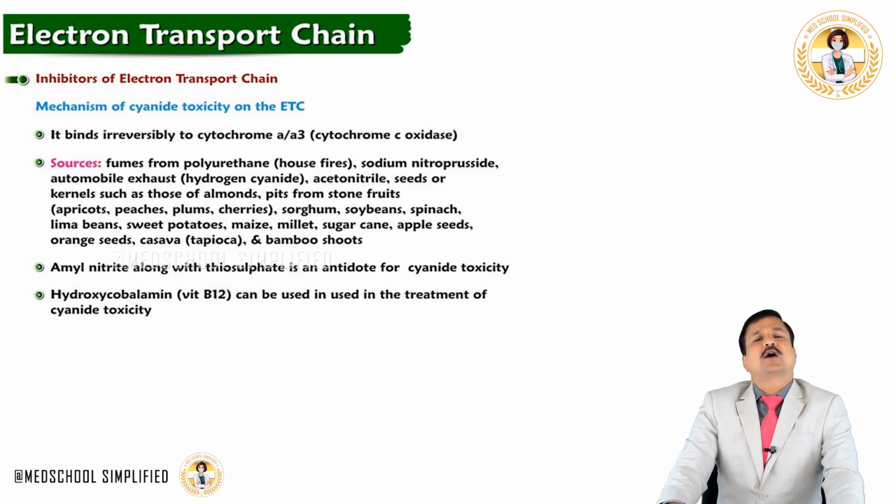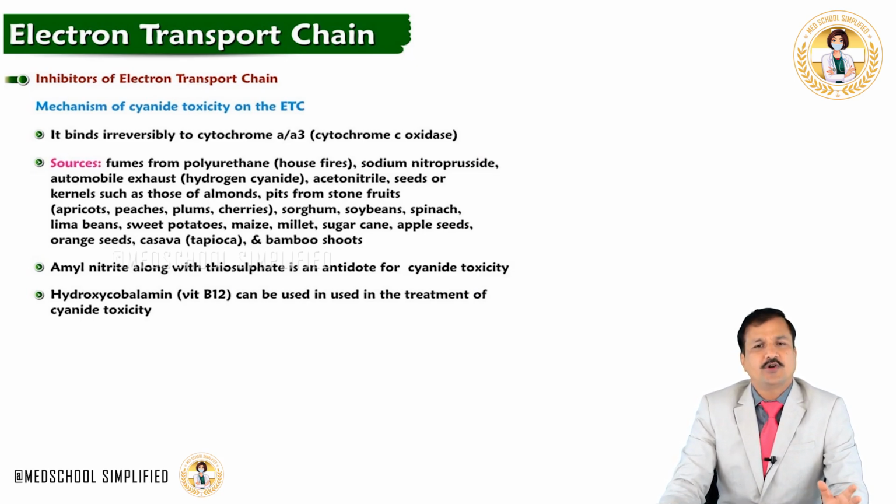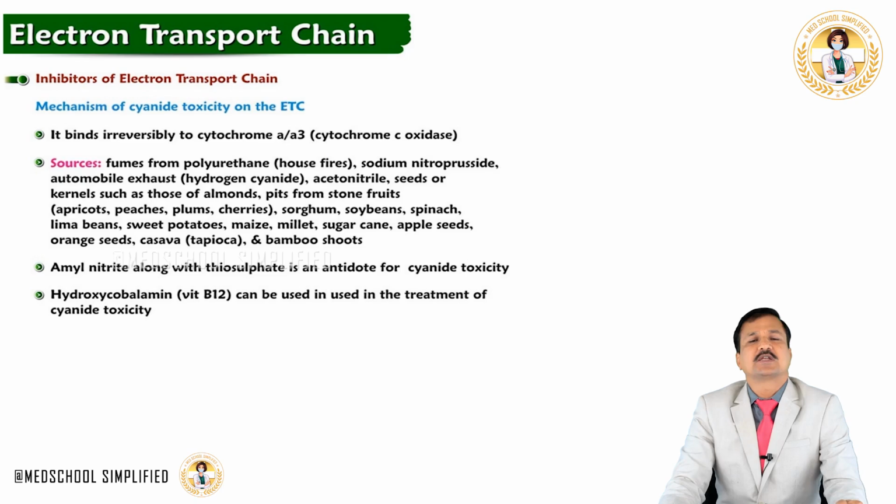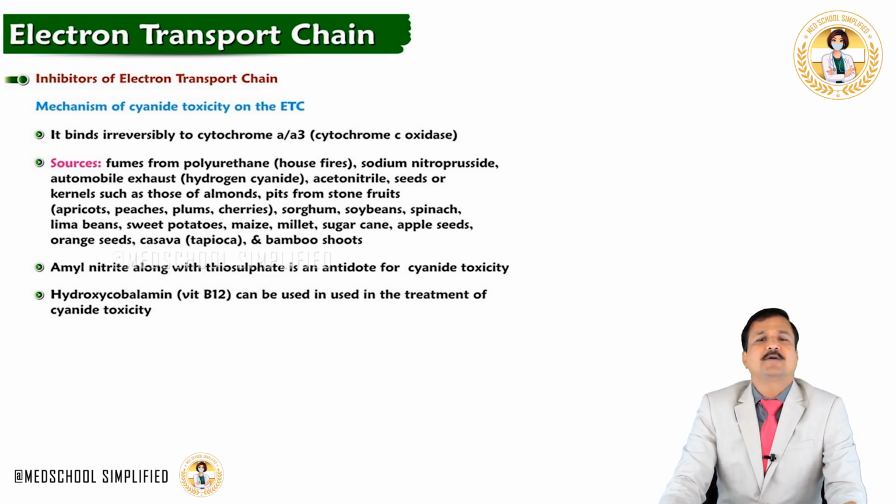Complex 4 has inhibitors such as cyanide, carbon monoxide and sodium azide. Out of these, cyanide and sodium azide bind with the ferric iron of heme a3, whereas carbon monoxide binds with the ferrous iron. So here cyanide inhibits cytochrome aa3 by binding to the ferric iron.